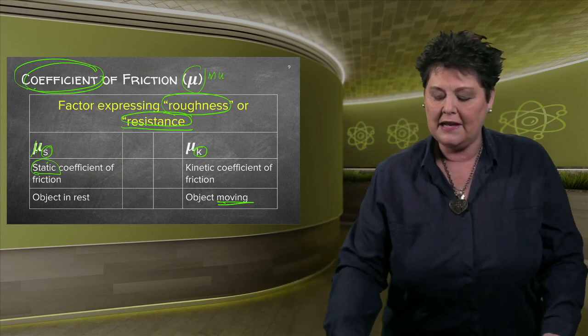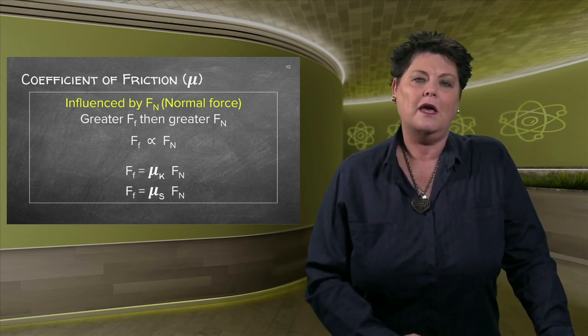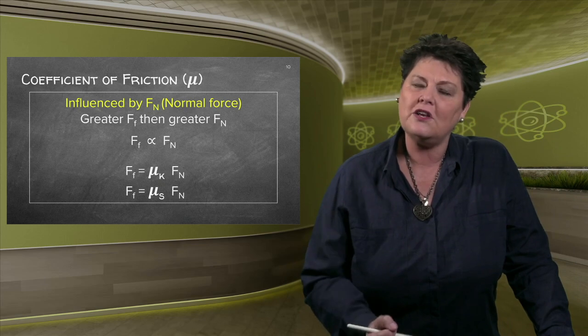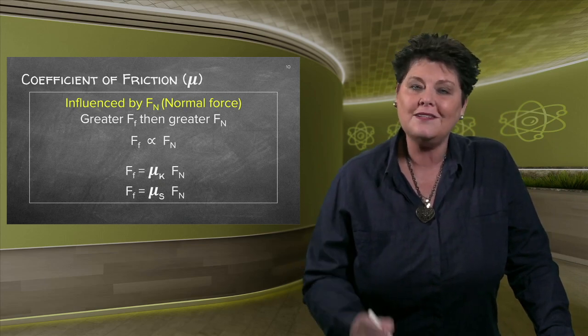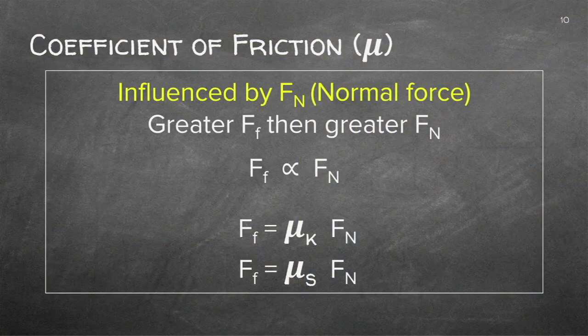There's a calculation which we can do when we've got the equation. And when you've got your answering or information sheet, this equation will be on your information sheet. What does it say? It says the frictional force is proportional to the normal.